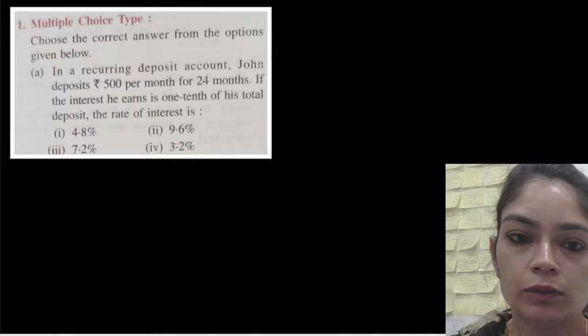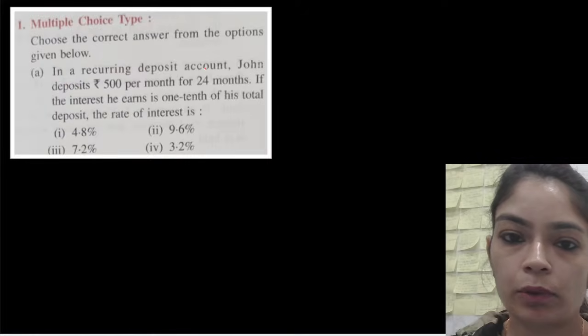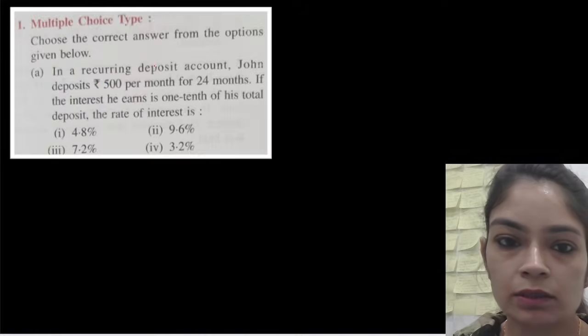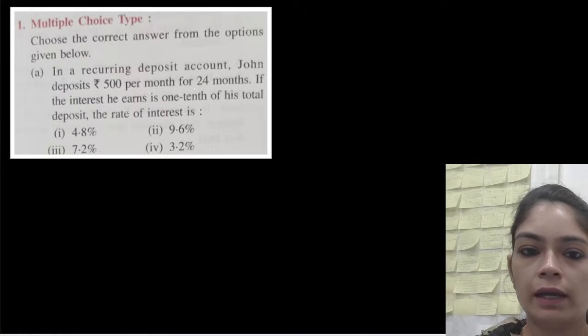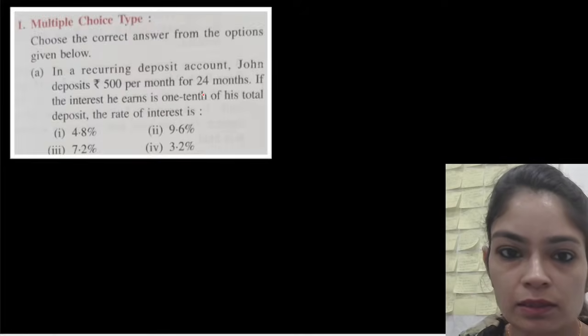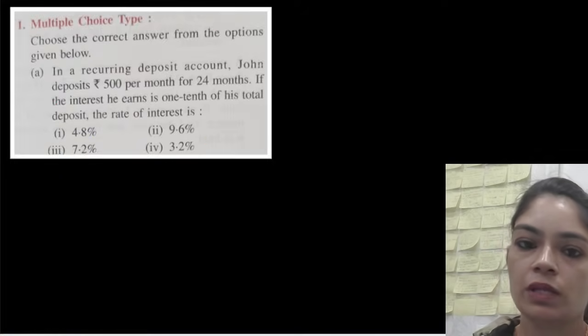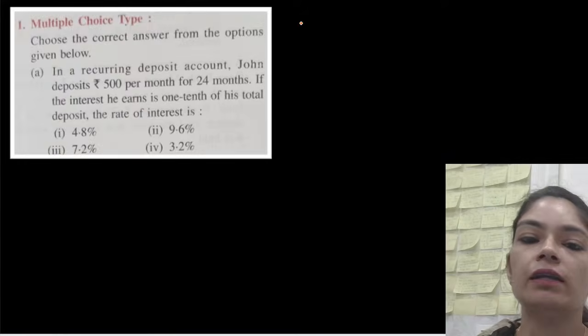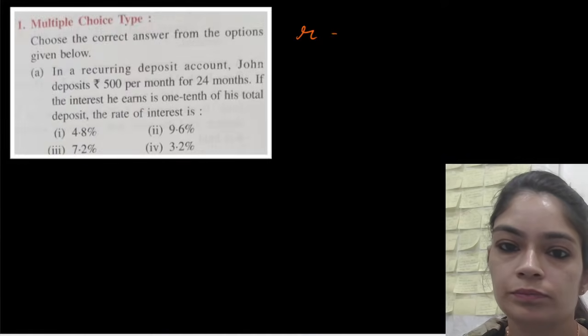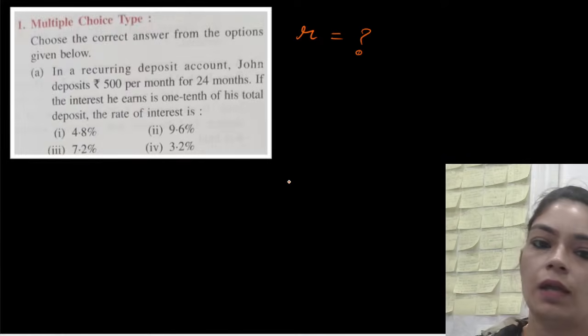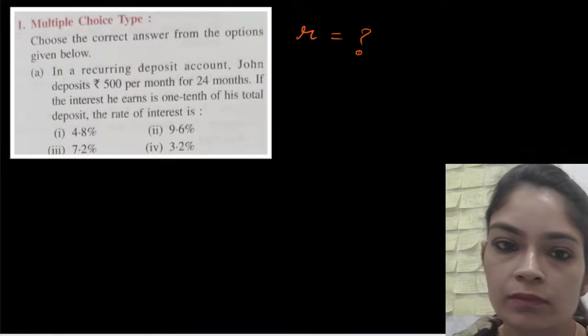The first MCQs, in a recurring deposit account, John deposits rupees 500 per month for 24 months. If the interest he earns is 1/10 of his total deposit, the rate of interest. So in this question, we have to find rate of interest. And what is given to us?